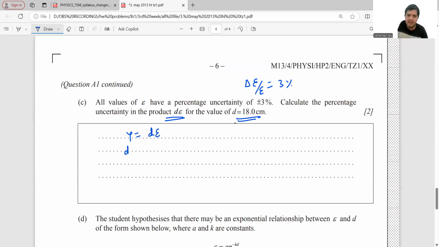Then delta Y by Y is equal to delta D by D plus delta E by E. Now delta E by E is already given to you as 3%, plus what is delta D by D for 18 centimeter?